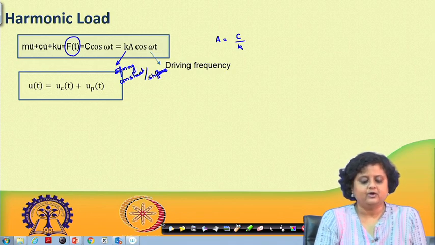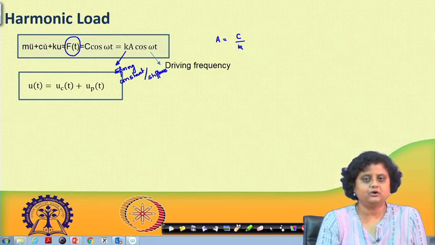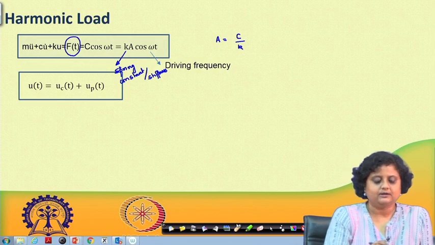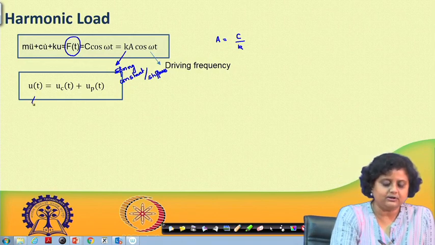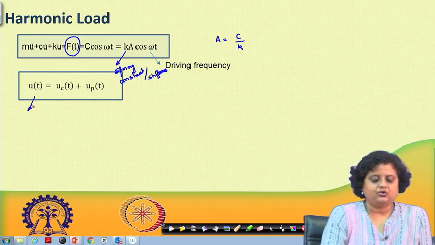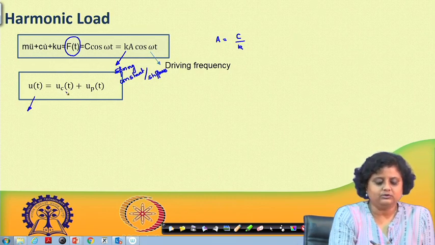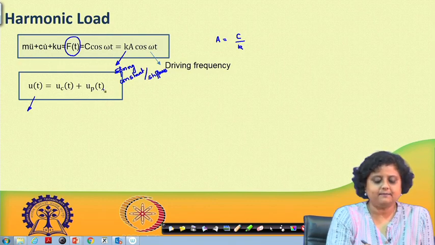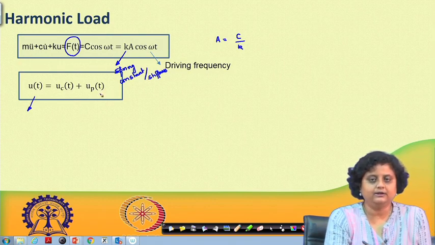When we have a non-homogeneous ordinary differential equation, the total solution u(t) is always equal to the complementary solution, which I call u_c(t), plus the particular solution, which I call u_p(t).